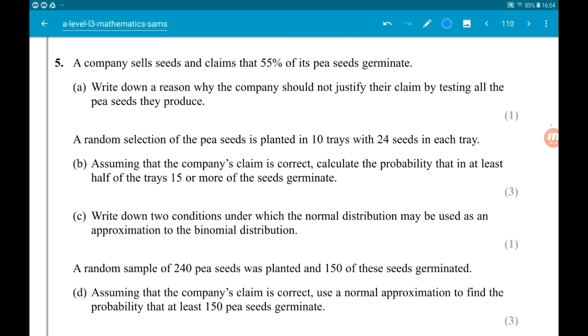Okay, so pea seeds are obviously tiny. They're going to produce millions of seeds. How can they test them all? They can't. So we could say there'd be far too many to test. If they did test them all, then either the seeds become plants or they don't germinate. So they would have no seeds to sell if they tested them all. Something like that, and you are golden.